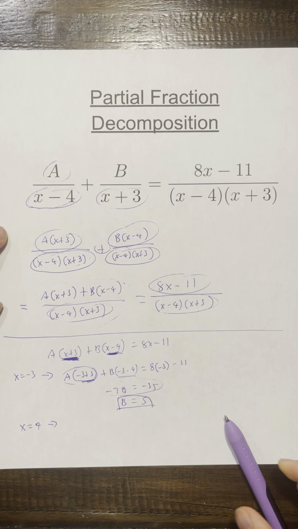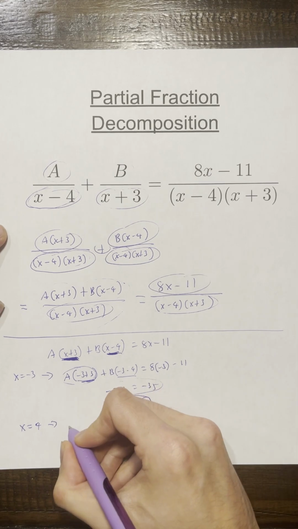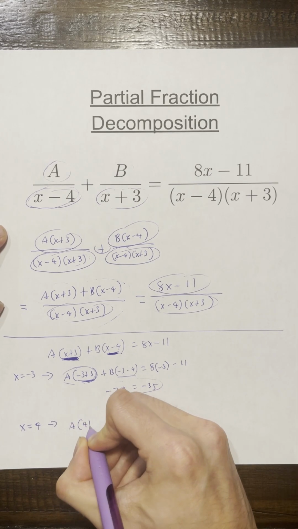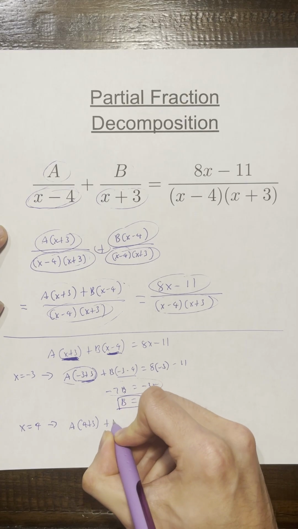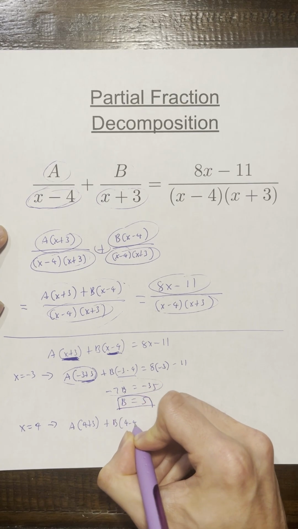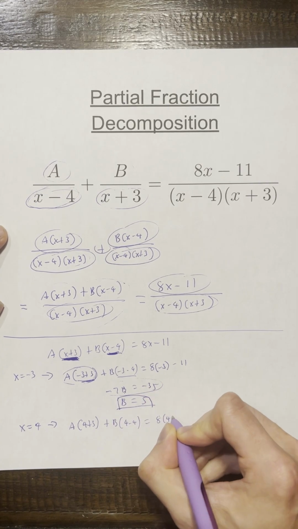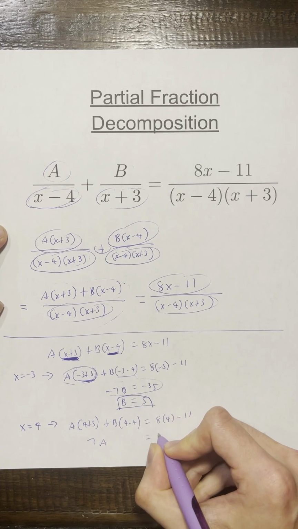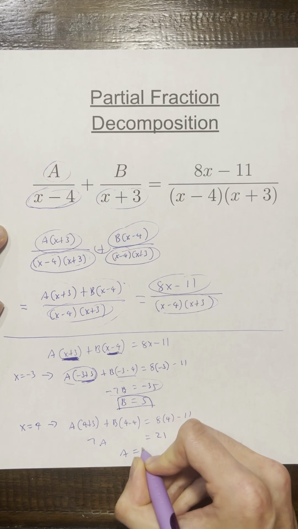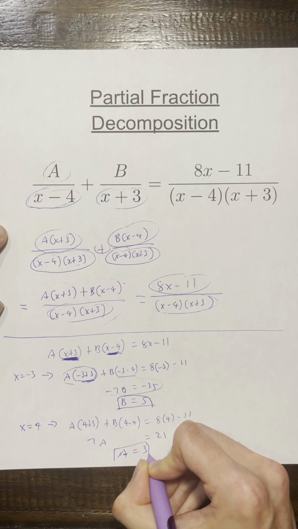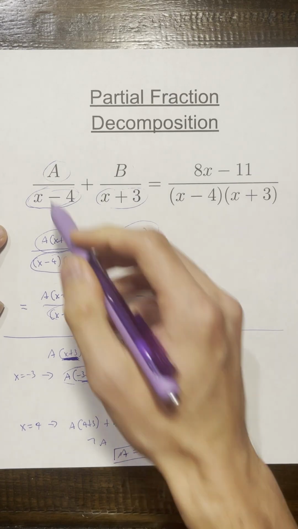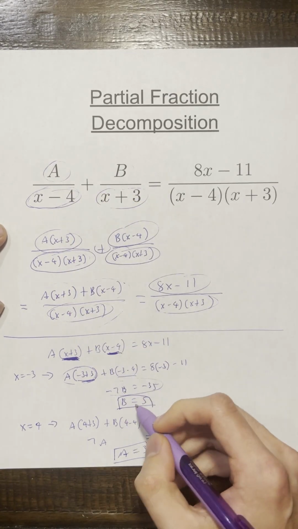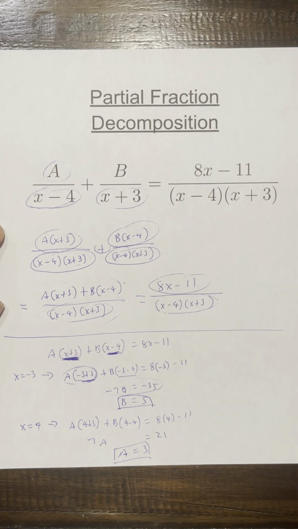Okay, what did you get? Okay, so A has to be 3 and B has to be 5.